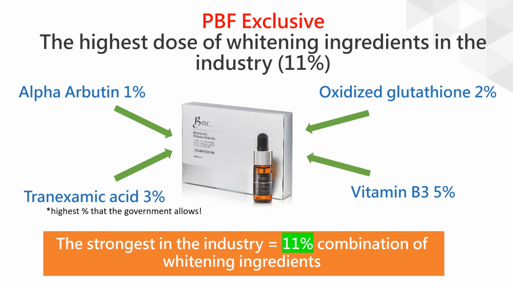We have 11% combined from our strong whitening ingredients: alpha-arbutin 1%, tranexamic acid 3%, oxidized glutathione 2%, and vitamin B3 5%, which all work very well in whitening our face.